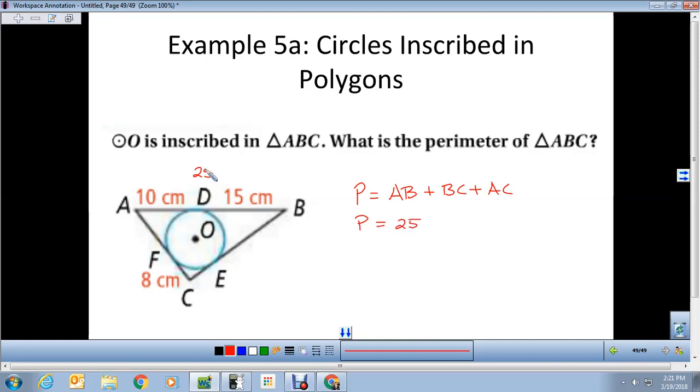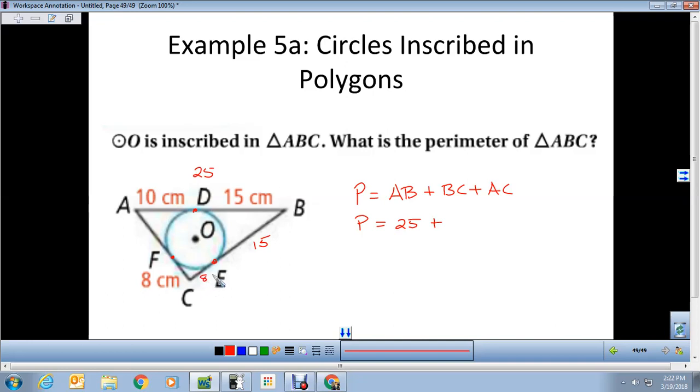Now for BC, we have an unknown side. But because this is inscribed, we know that this is the point of tangency at E and D, which means this length is also 15. Over here we have another unknown length. But since these two are tangent, and if this is 8, then this length over here is 8.